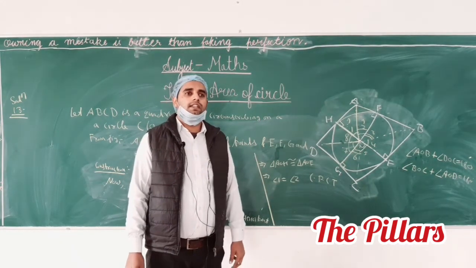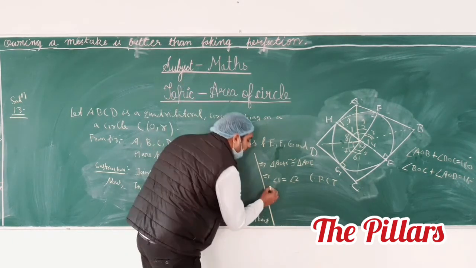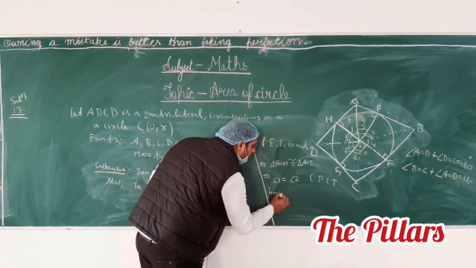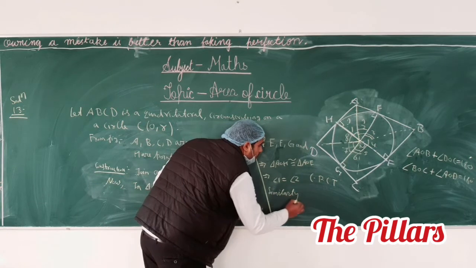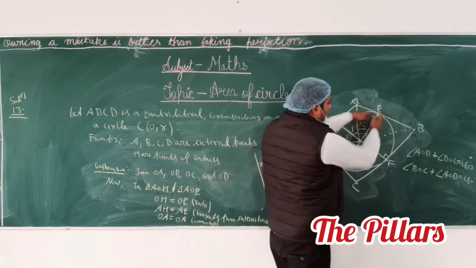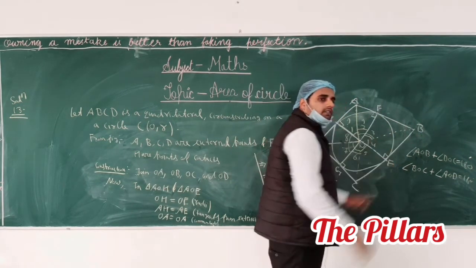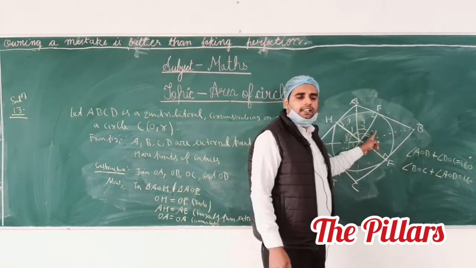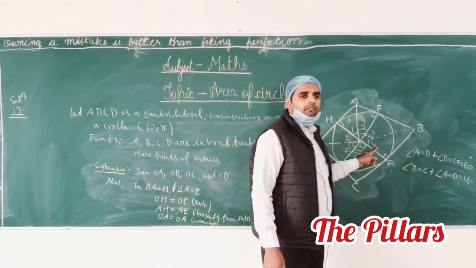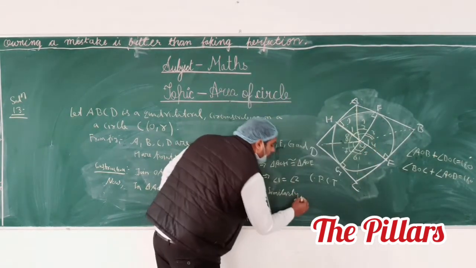Similarly, for triangles EOB and BOF, these two are congruent. It means angle 3 equals angle 4.